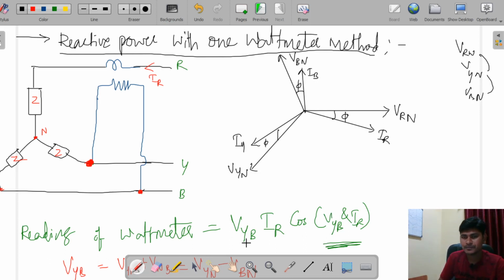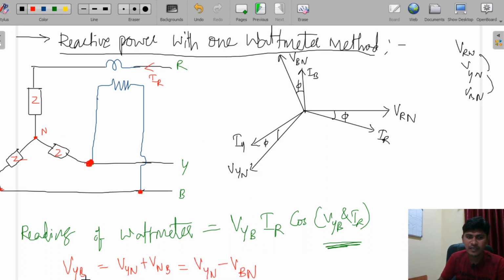Now let us draw phasor VYB. VYB is nothing but VYN minus VBN. Let us draw phasor minus VBN. If this is VBN, this will be minus VBN, exactly opposite to this phasor.